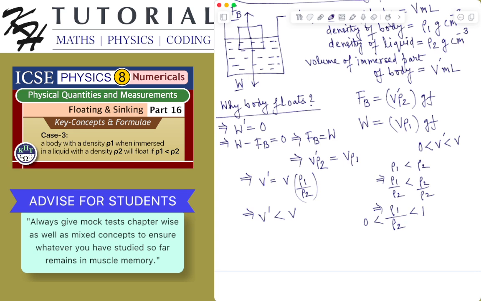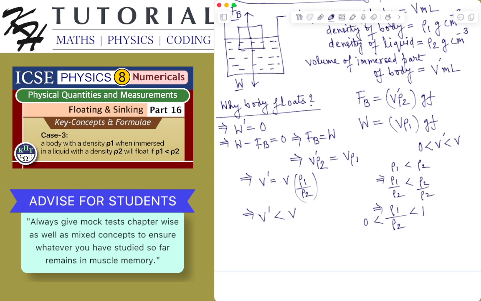Now the important thing to note is that we understood that the body will float because we can see that for some value of V dash which is less than V, we will get Fb equal to W, which means the body will float. The important thing to note is, what is V dash?